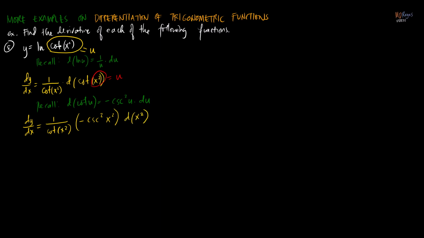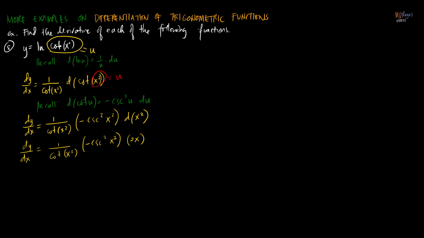Using the power rule, we'll have 1 over cotangent of x squared times negative cosecant squared of x squared. The derivative of x squared with respect to x is 2x. So we are done with the differentiation process. We'll just have to simplify our final answer.